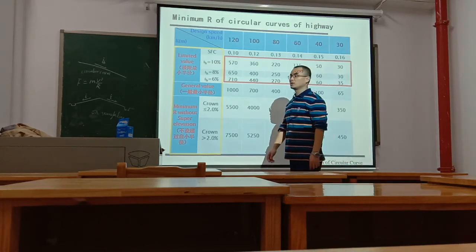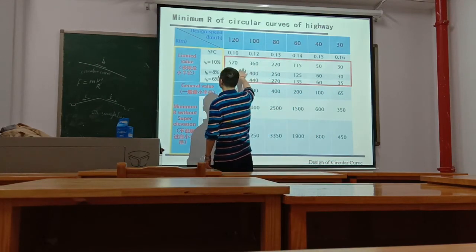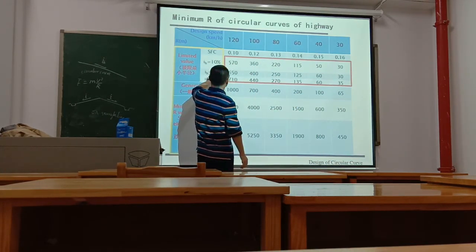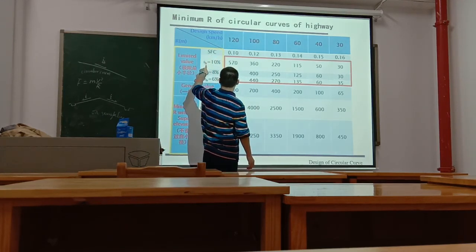So we can get the radius value according to design speed, mu and IH.